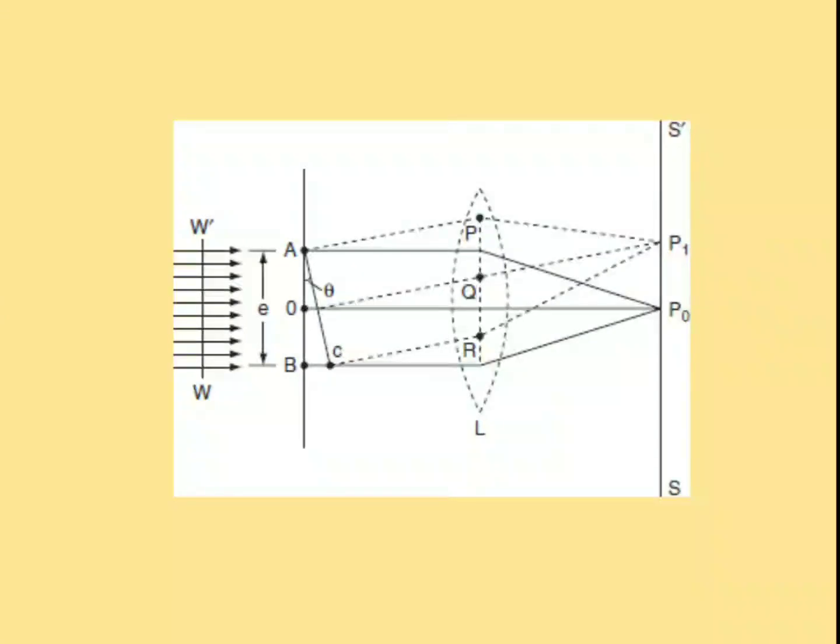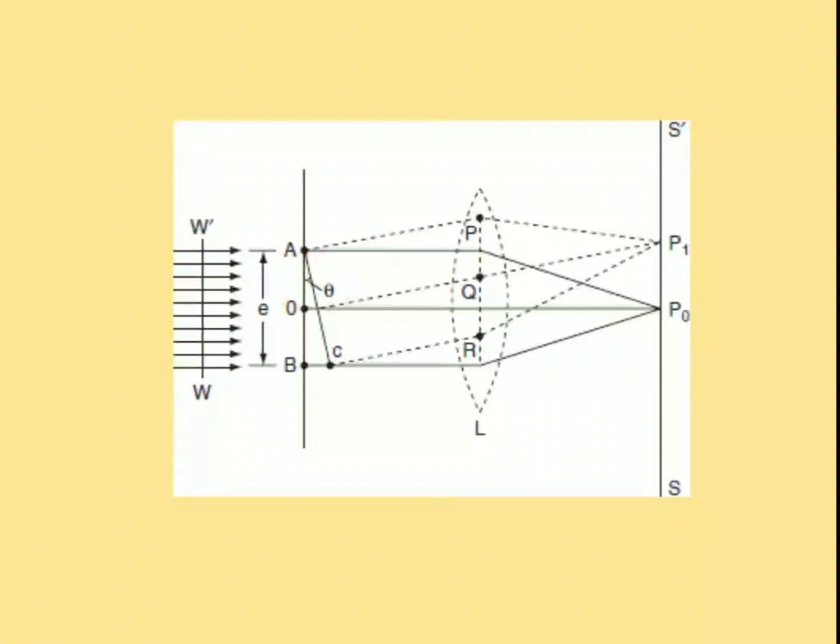Next, the secondary wavelets in slit AB make an angle theta. That means after the obstacle or slit the light rays are bent at the corners of the obstacle. So due to bending there is some angle of diffraction, and that angle is represented by theta.